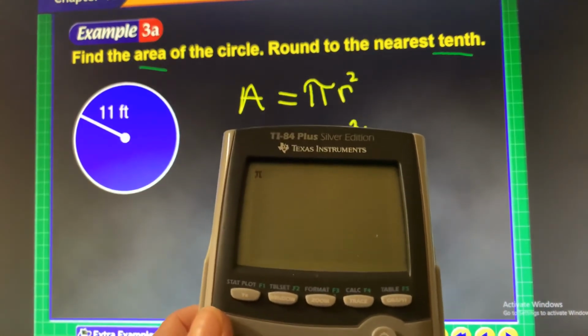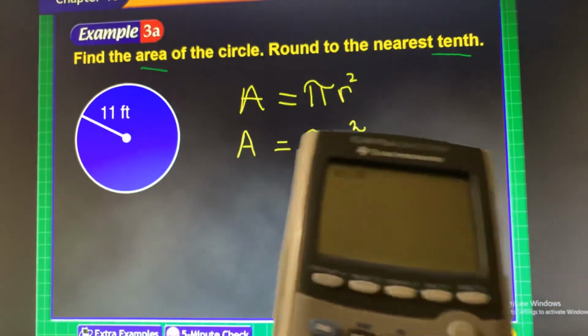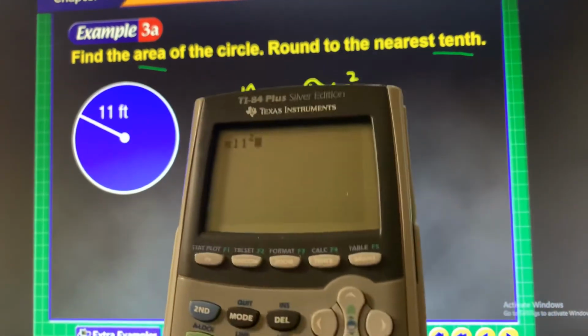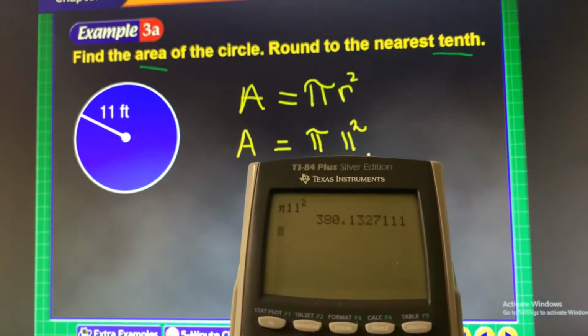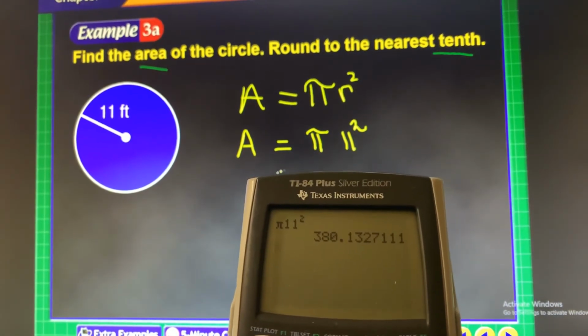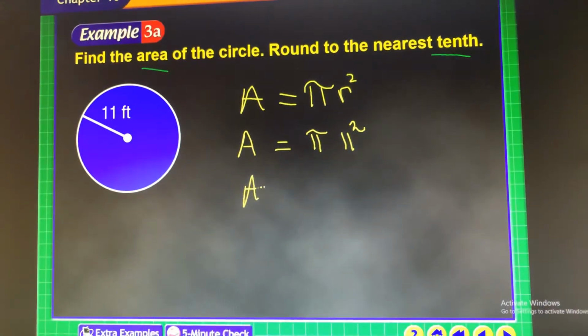Second pi 11, remember the square button right here, squared, enter, and you have 380 and 1/10. So area is approximately 380 and 1/10 feet squared.